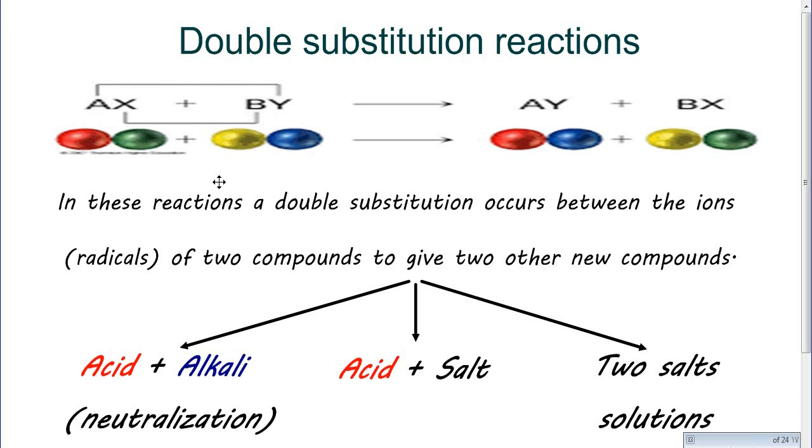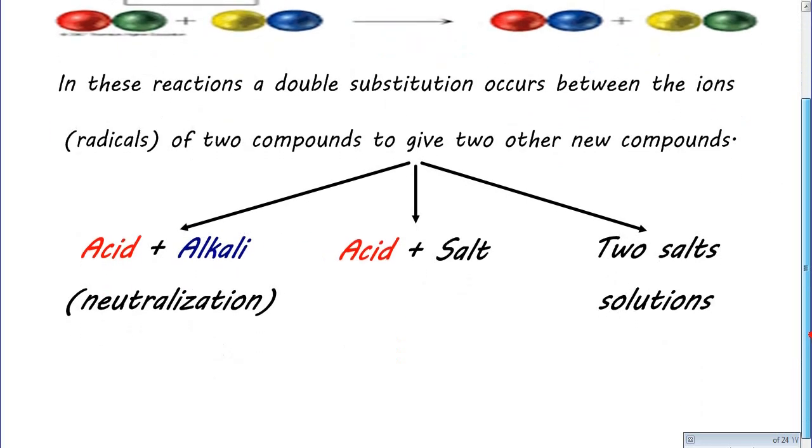In these reactions a double substitution occurs between the ions or radicals of two compounds to give two new compounds. We have three main examples of this type. The first example, acid with alkali, gives us salt and water, so this reaction is called the neutralization reaction.